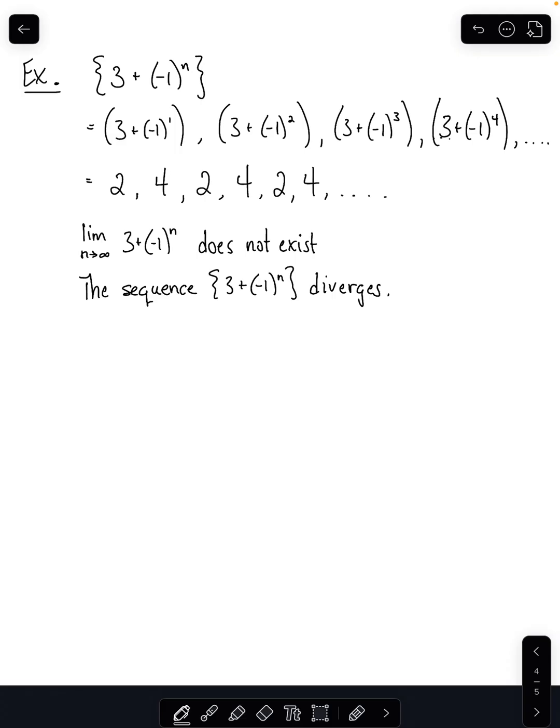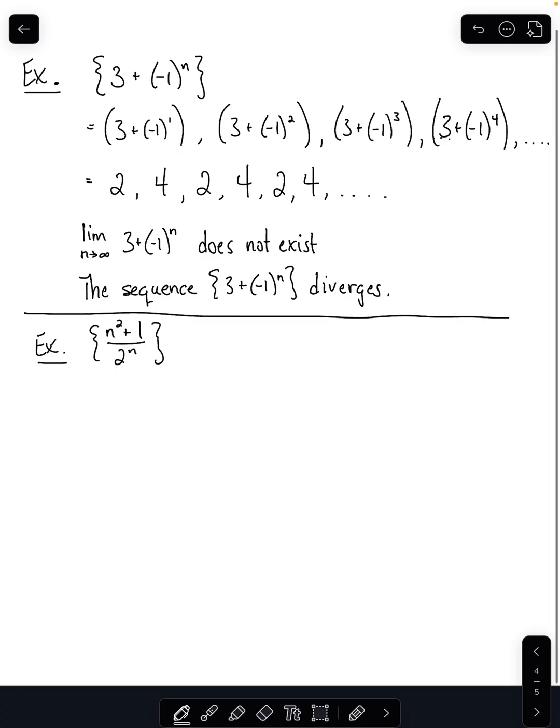Now, in some cases, listing out terms may not result in something that's incredibly obvious. For example, earlier, we used the example of the sequence n squared plus 1 over 2 to the n.